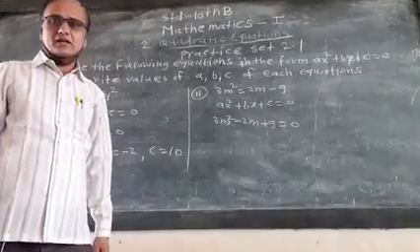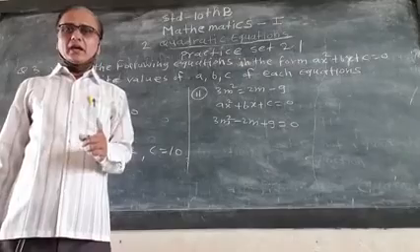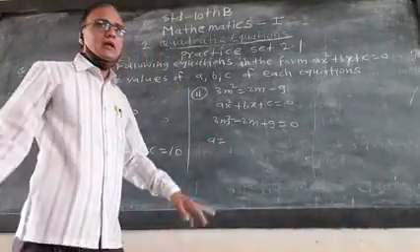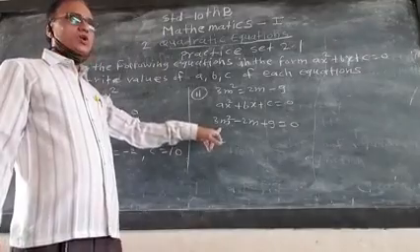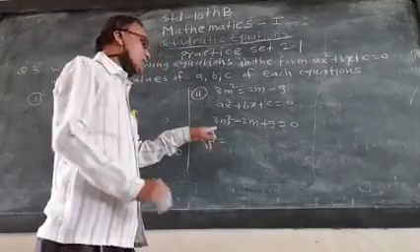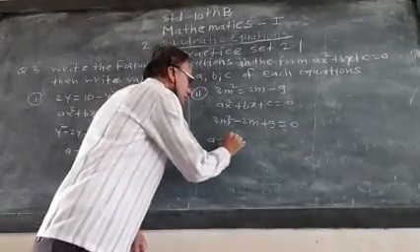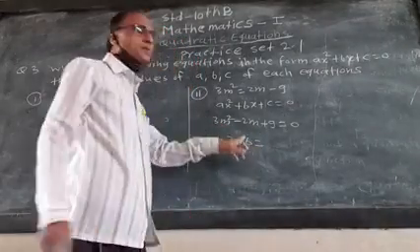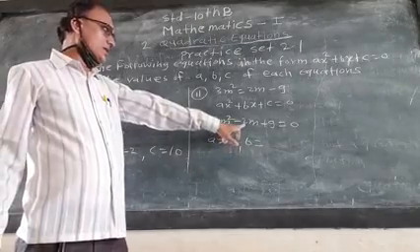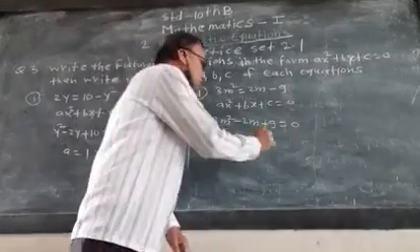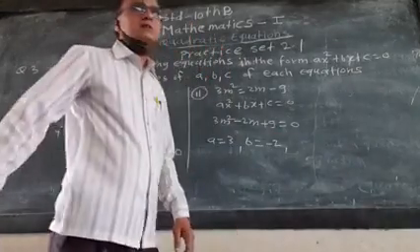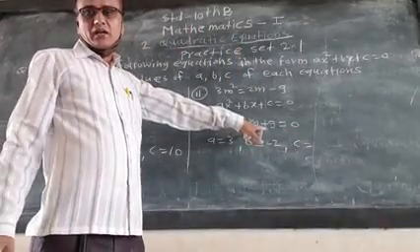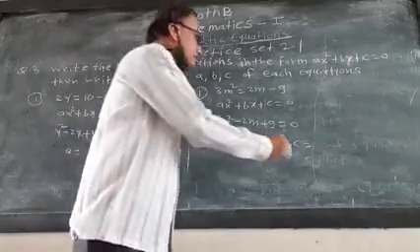Now we write the values of a, b and c. a means the coefficient of m square, here it is 3. b means the coefficient of m, here it is minus 2. c equals the constant number, here it is 9.